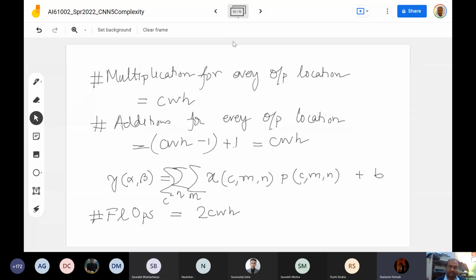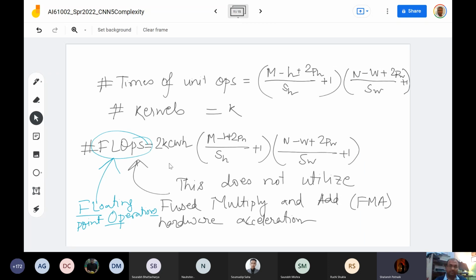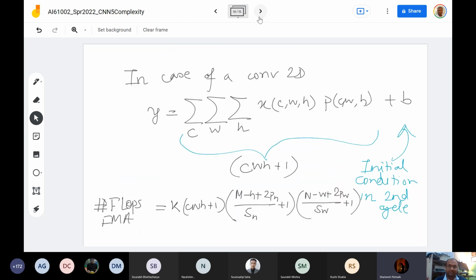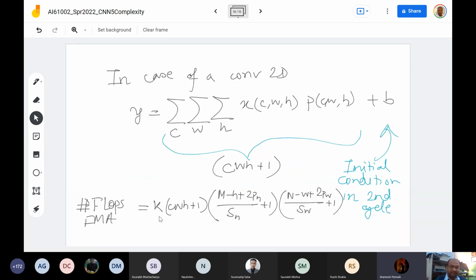So now, if you look into the complete scenario, the number of flops with an implementation where you do not utilize this FMA acceleration is going to be 2k CWH into this whole thing over here. Whereas when you are using a fused multiply and add, then it becomes k CWH plus 1. Now, the point is that CWH plus 1 in general will be much lesser than 2 CWH. Almost half. So that's what I am saying, that we have been able to reduce it to half.